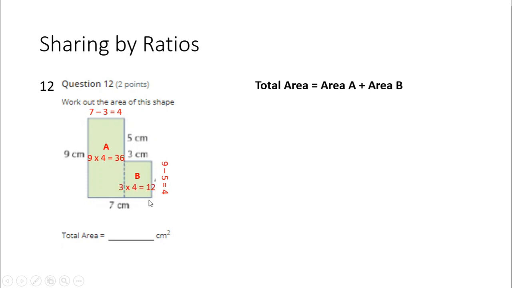And area B, I do length times width, which is 3 times the 4, which is 12. But showing my working nice and clearly over here, to find area A, I did 9 times 4. To find area B, I did 3 times 4. And that together is 36 plus 12, which is 48 centimeters squared, because everything here was measured in centimeters, and this is an area, so squared. 48 centimeters squared.